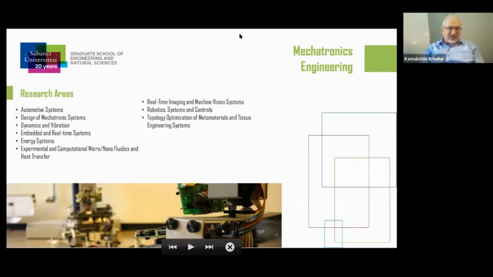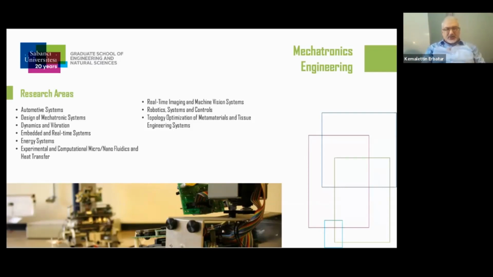Automotive systems are investigated from a number of perspectives. Autonomous systems, energy aspects, and control of engines can be discussed in such an area.